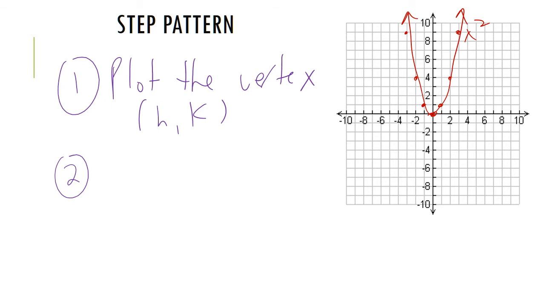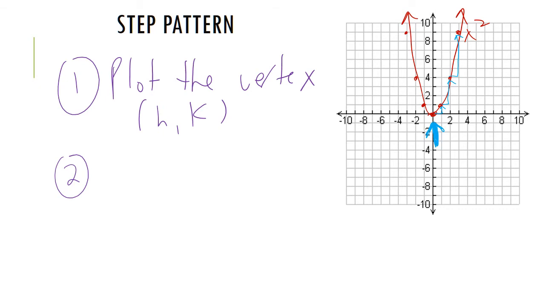If you were to make a staircase from point to point, here, here, here, here, here, here, you're going to notice a pattern. First of all, we're going to start at the vertex, right there.